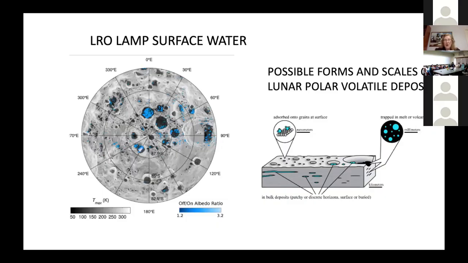And what we don't know is how much subsurface water there is. One thing I didn't put on is that at Mercury, we know that the polar permanently shadowed craters are full of water. And at Mercury, they're probably very deep, pure deposits of water. At the moon, you don't see the kind of radar echo which you would see with pure water.